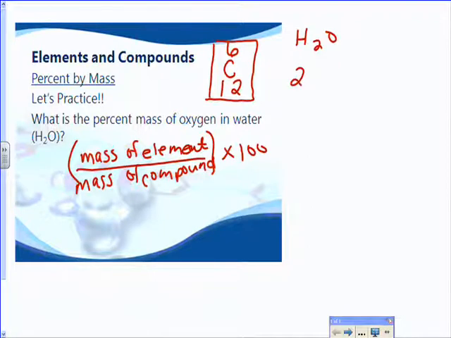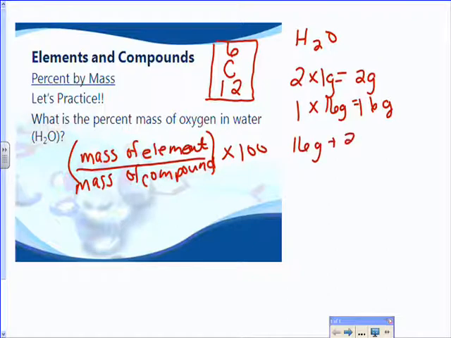And so we have 2 hydrogens, so we say 2 times 1 gram, because that's how many we have, equals 2 grams. Okay? Now oxygen we only have 1 of. So that would mean we have 1 oxygen times the mass of oxygen, which is 16 grams. So that's going to give us 16 grams. So to find the compound's mass, we say 16 grams plus 2 grams equals 18 grams.